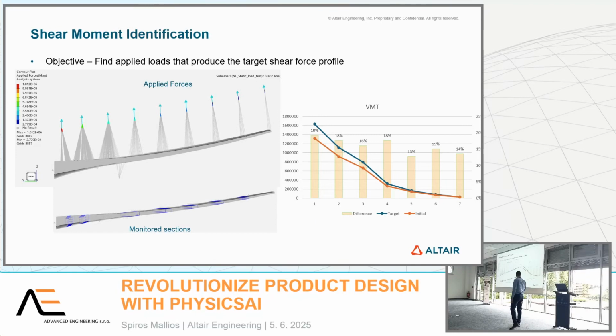So a typical process is that they place a lot of strain gauges inside the structure of the wing, and with some realistic loadings that the plane is seeing, they get what they call the shear moment diagrams.